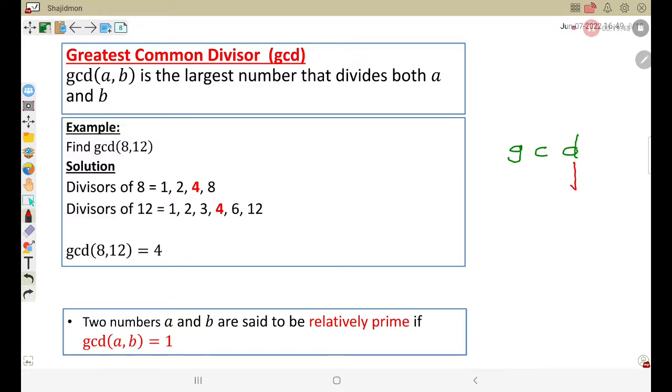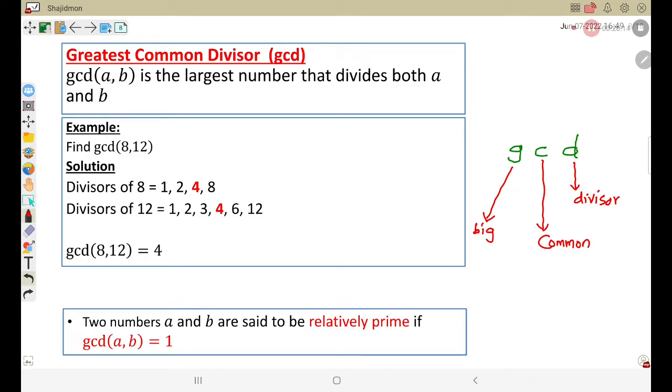We already discussed the meaning of divisor. C means it should be common. And G means greatest, the bigger one, the largest number. So greatest common divisor is what we call GCD.